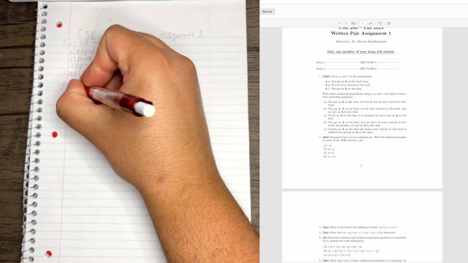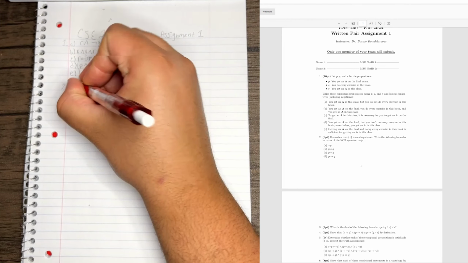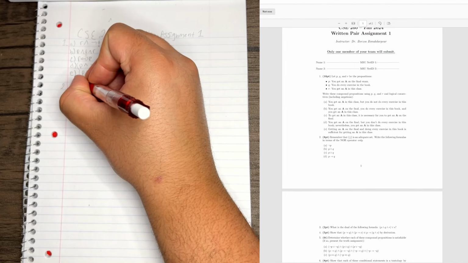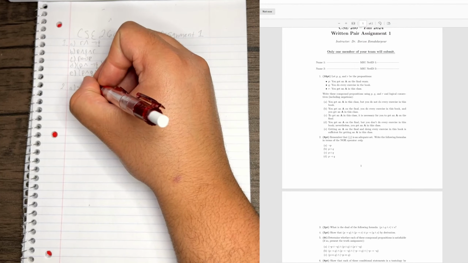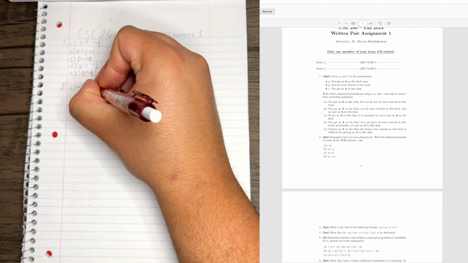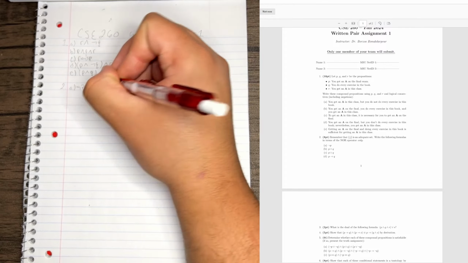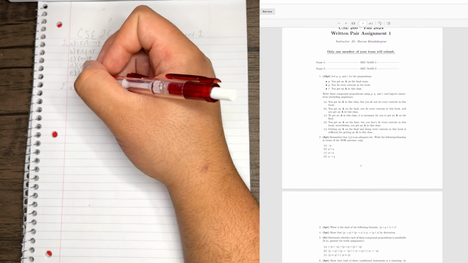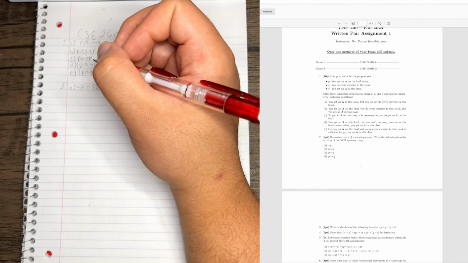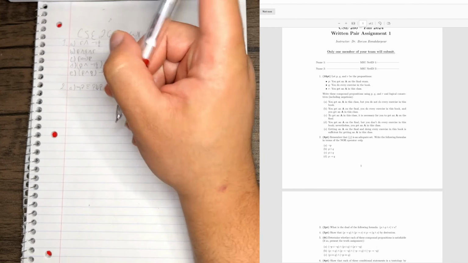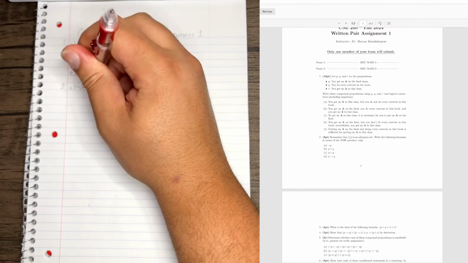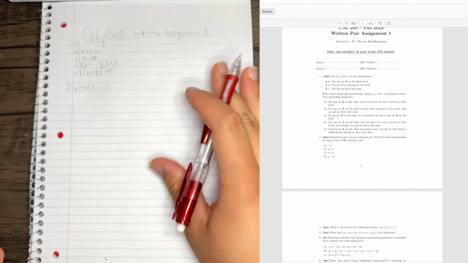So we have not P is equivalent to P nor P. Maybe I should show the steps. Does it say to show the steps? No, it doesn't, but I will.